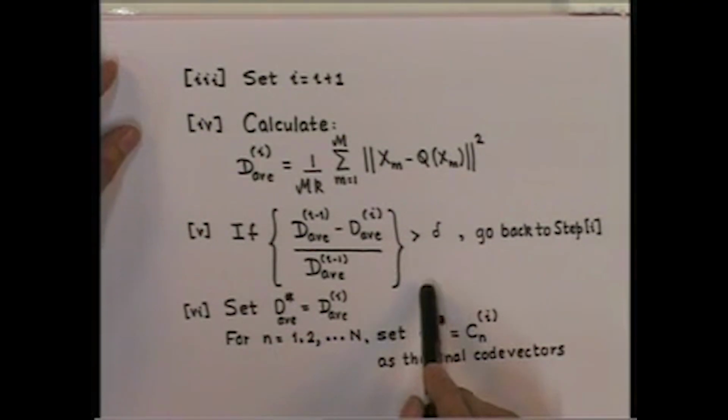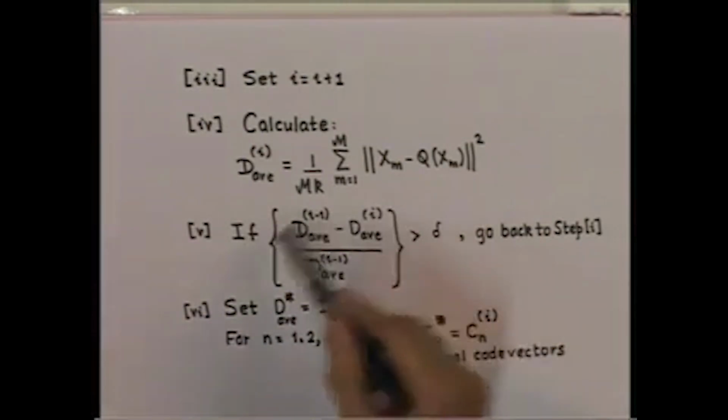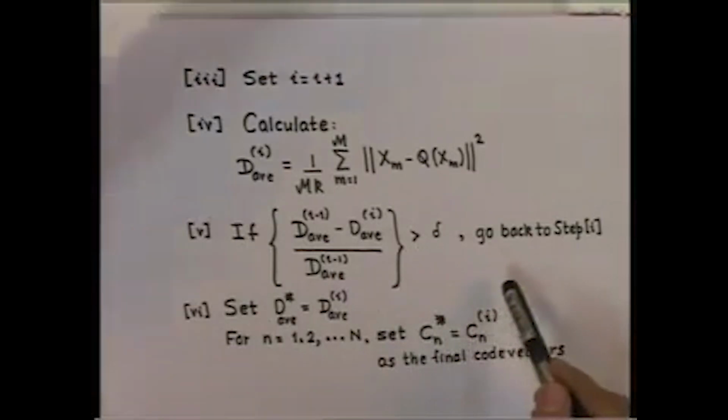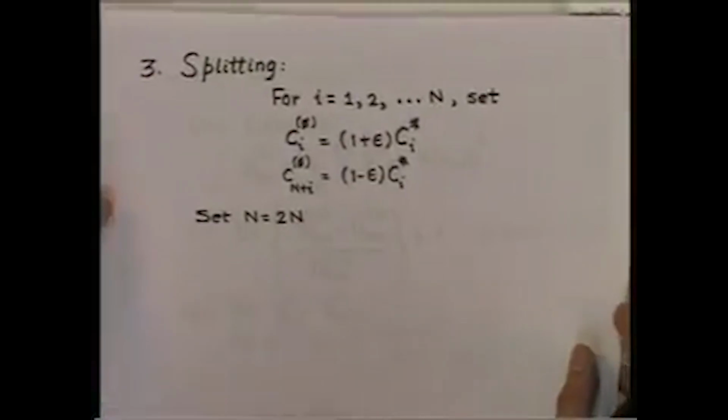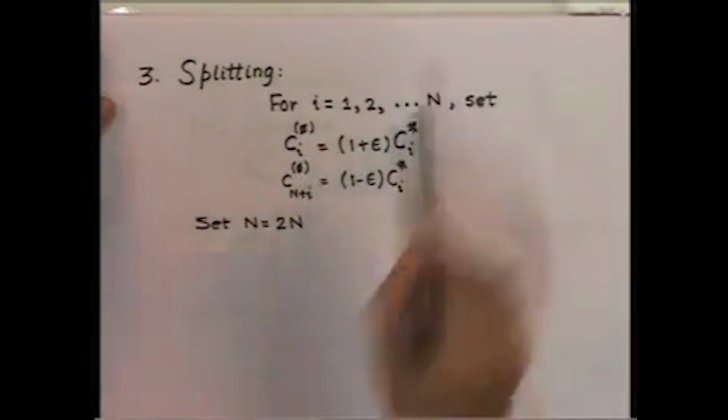Now, if the code book size was 2, we would stop at this, but if the code book size was larger than 2, then we would go to design an optimum code book and partition for code book size of 4, which requires that we have 4 initial code vectors. To get those, we go to this step of splitting, where now n has become 2.